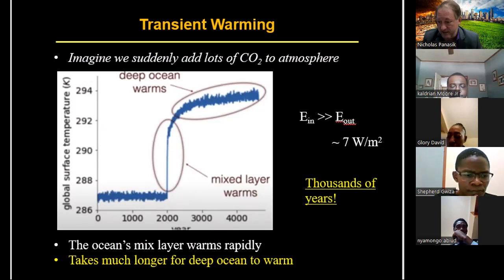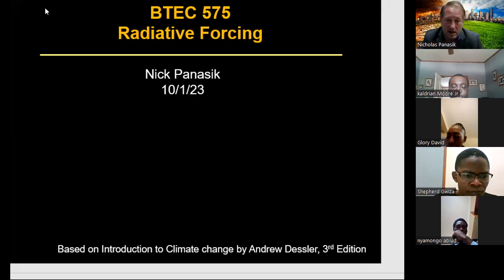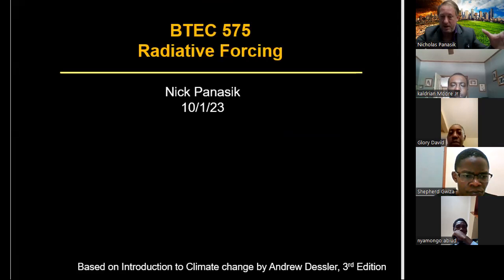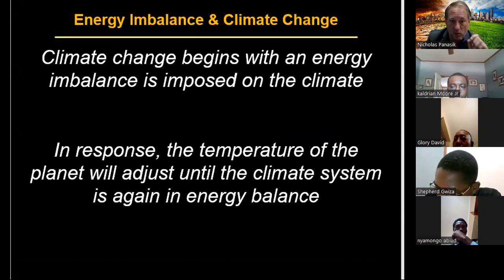Okay, so that was the end of last week's final lecture on transient warming. We're going to pick up on that in today's lecture, which is called radiative forcing, which is the same idea. So we're not really introducing anything new here, but we're trying to really understand a specific point, which is that climate change in our context is going to begin with an energy imbalance being imposed on the climate.